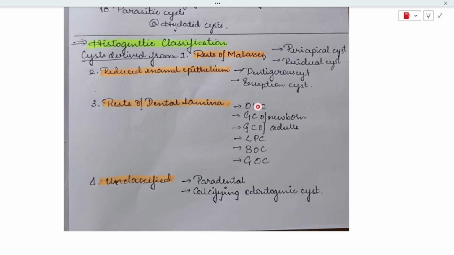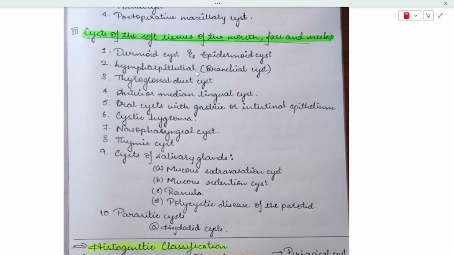Then the other cysts you can see here: OKC, GC, LPC are classified under rest of dental lamina, and the unclassified ones include paradental and calcifying odontogenic cysts. You must know the classification of cysts for better understanding and learning.